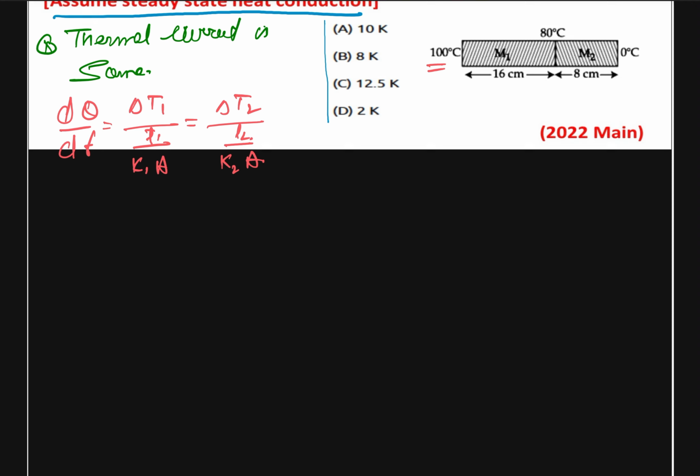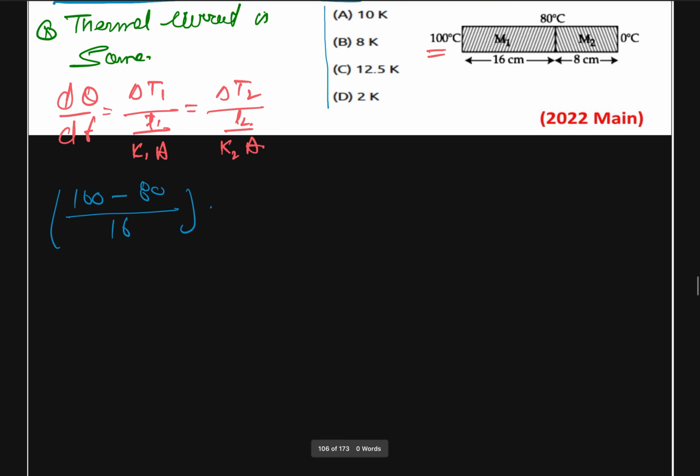So let me write this as 100 minus 80 divided by 16, times K1. K1 is what we need to find.